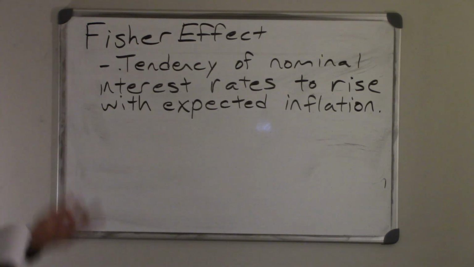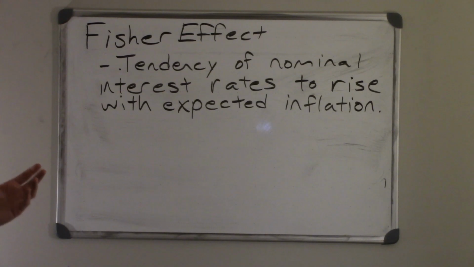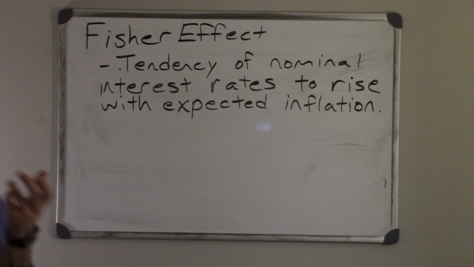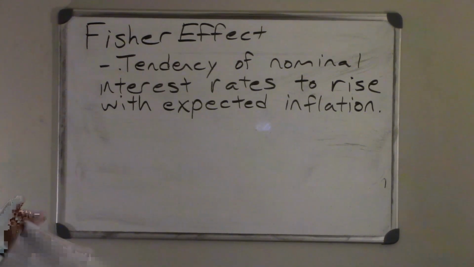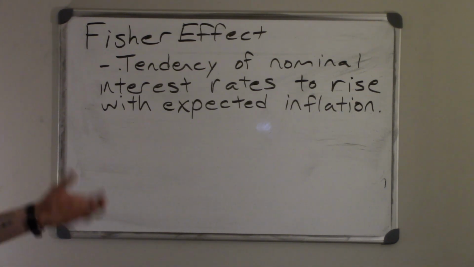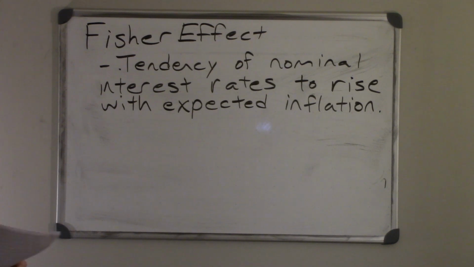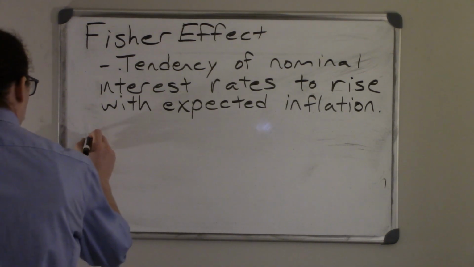All right. So in other words, if lenders expect the inflation rate to be increasing in the future, right, they don't want that higher inflation to eat into the interest they can get. All right, so if they expect inflation to be going up and up, they're going to set higher and higher nominal rates to compensate for that. All right, so they actually get the real rate that they want.